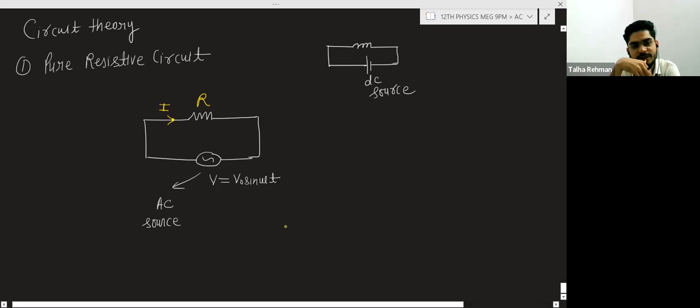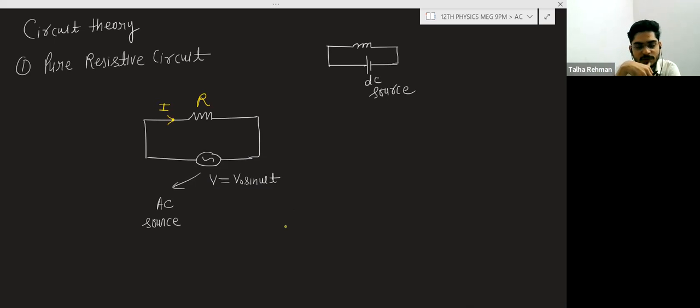Does anyone know Kirchhoff's voltage law? Summation of the voltage along the circuit is equal to 0.